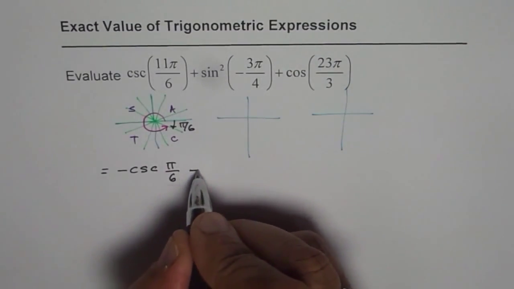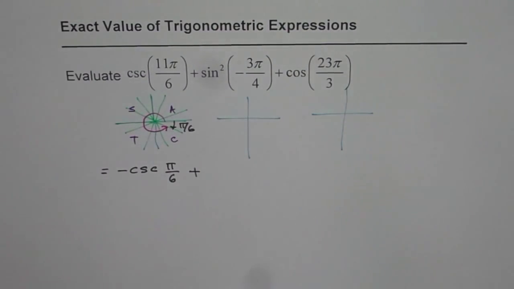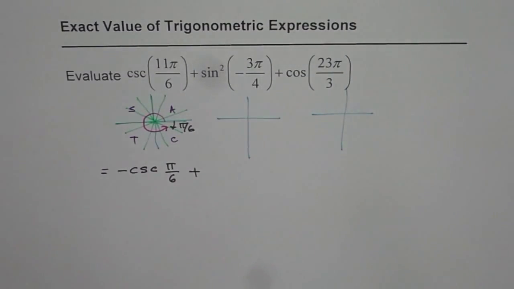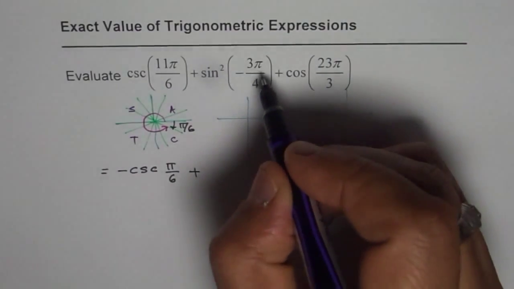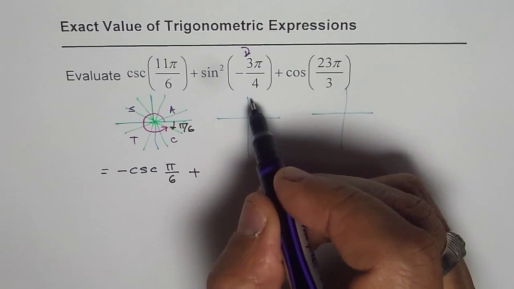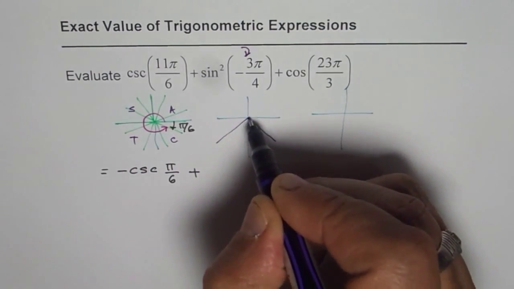The second one is sine square, and let us see what we get. Now here it is minus 3 pi by 4. When we say minus 3 pi by 4, that means we are going to move clockwise in this case, correct? Now pi is divided into 4 portions, that means these are the portions.